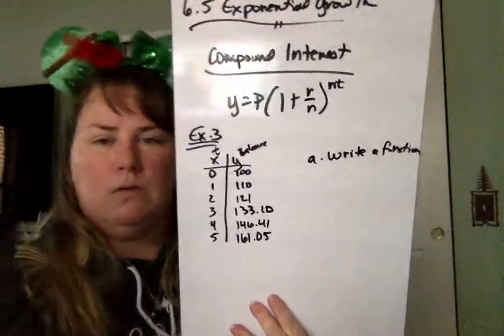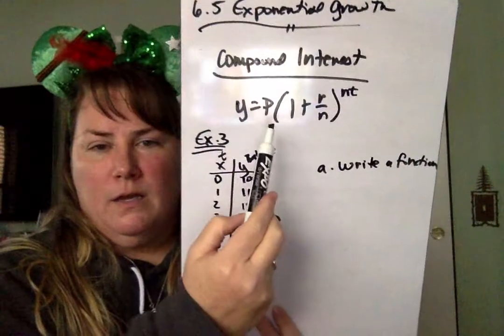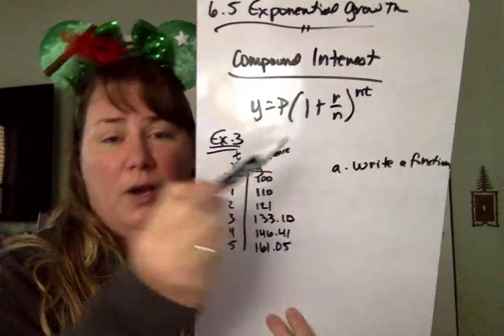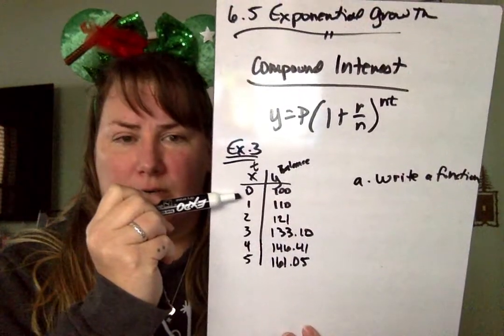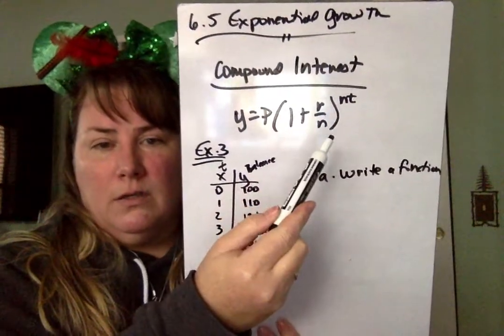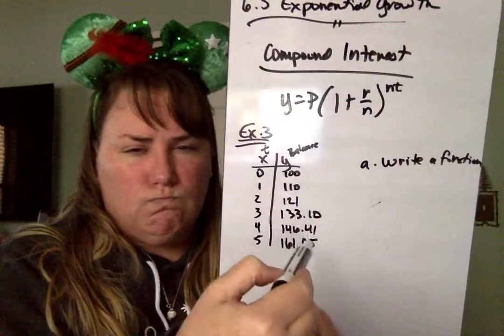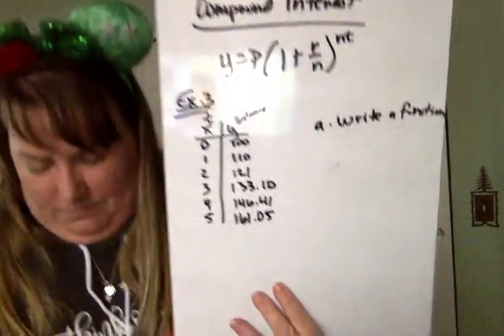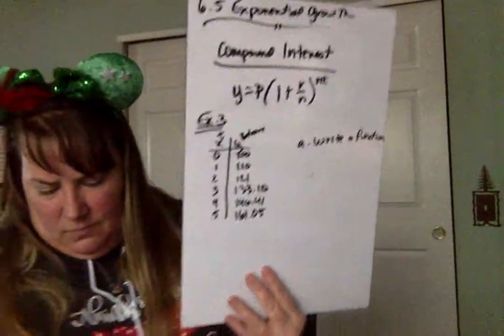So let's go over this part. P, which is our initial principal, our starting amount, we do have that. That's going to be when X is 0. R, remember, is your rate. We're going to have to figure that out. The number of times it's compounded. Oh, wait a minute.